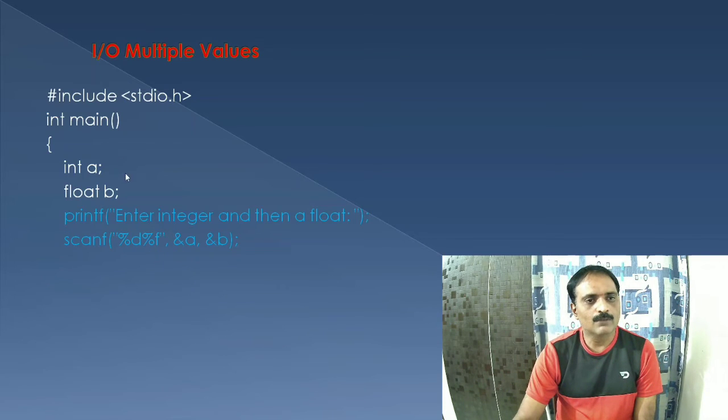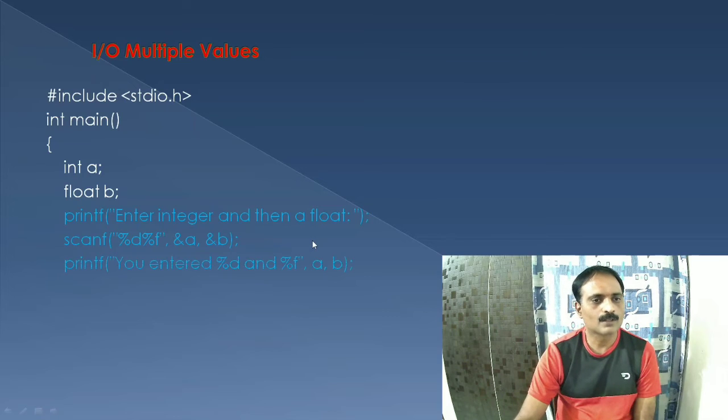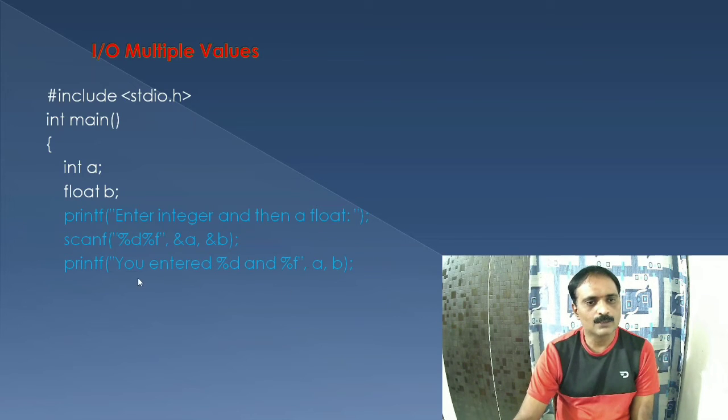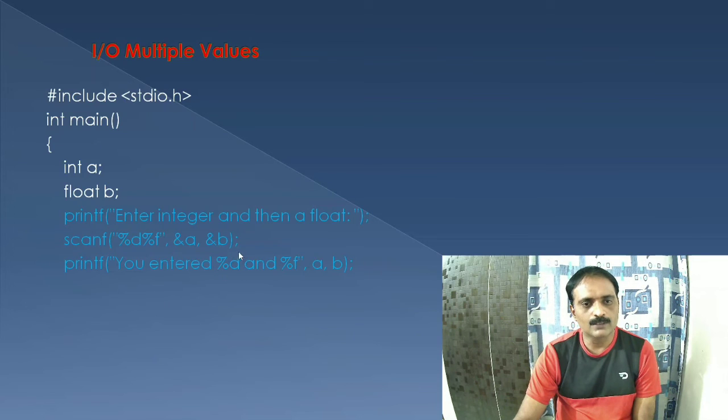The way we have declared the variables, A as integer and B as real, in the same way we have to represent the format specifiers: %d for A, and similarly %f for B. After that, "You entered %d and %f", comma, a, b. Whatever value is assigned to A will come in the place of %d, and the value of B will come under the specifier %f.